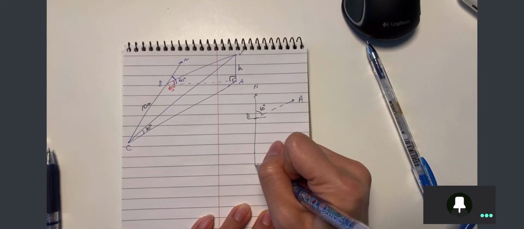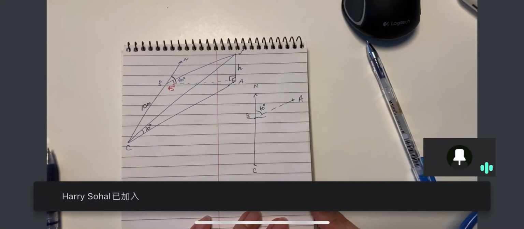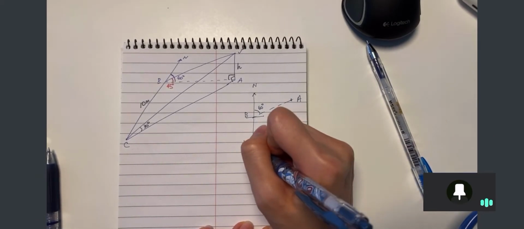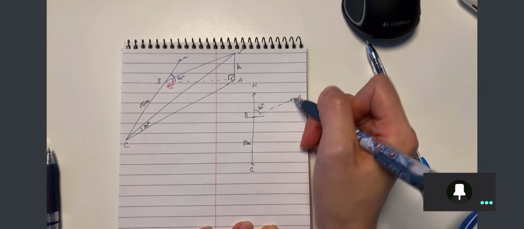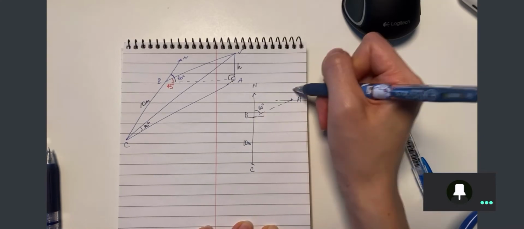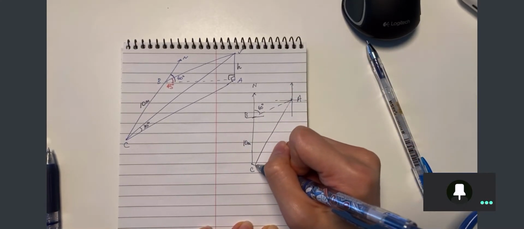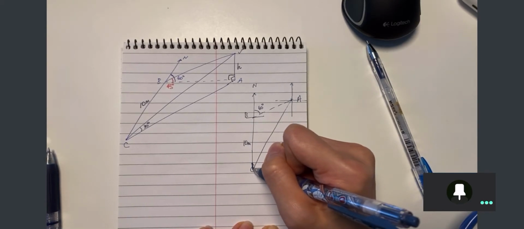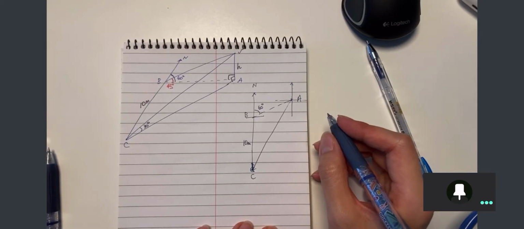And then C is due south of B, so it is here, and then the distance between B and C, so that you can find. You may also draw a cross on it. Okay, C is here.